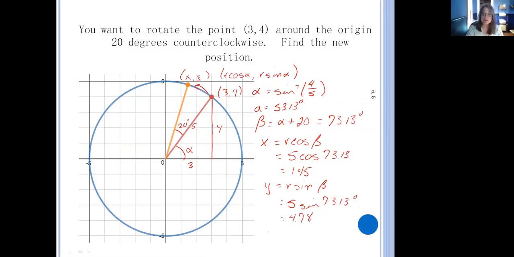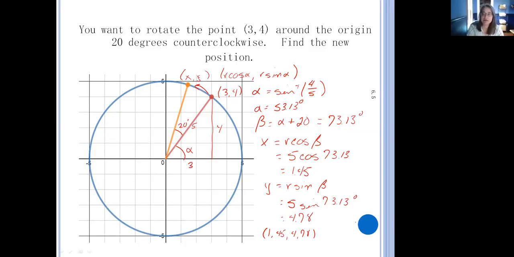So the coordinates of my point that is rotated 20 degrees from the point 3, 4 are 1.45 and 4.78.